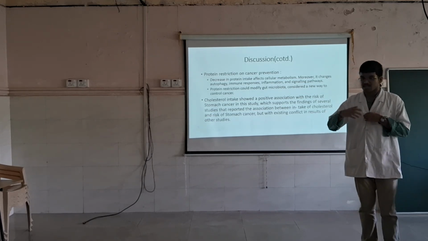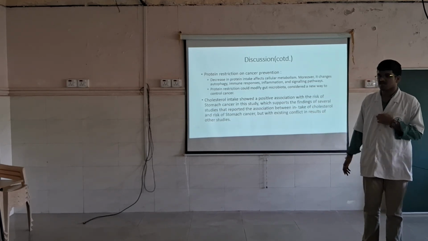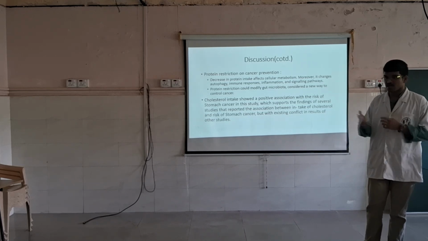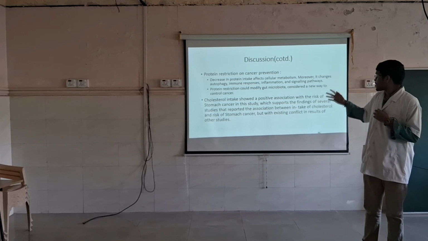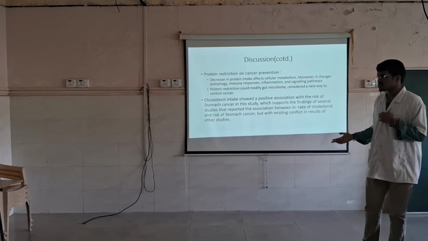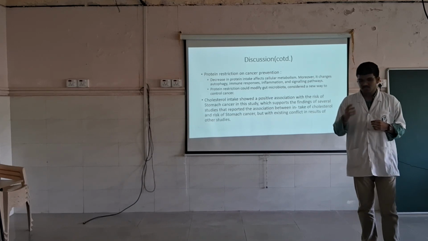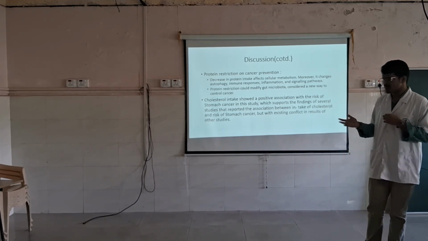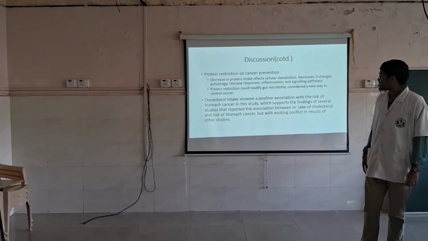This had a secondary effect of modifying gut microbiota, and recent studies are taking place checking the correlation between gut microbiota and occurrence of cancers in the lower gastrointestinal tract. Cholesterol intake showed a positive association with occurrence of stomach cancer, and this is due to the pro-inflammatory nature of lipoproteins. Next slide.